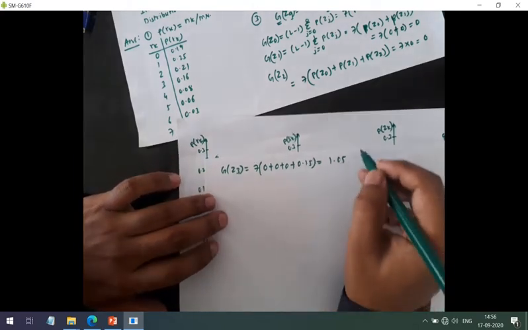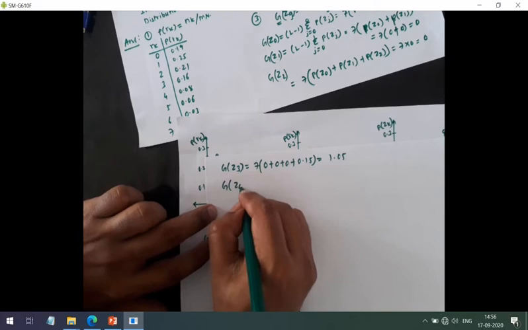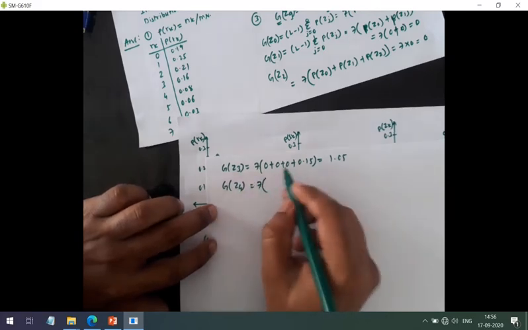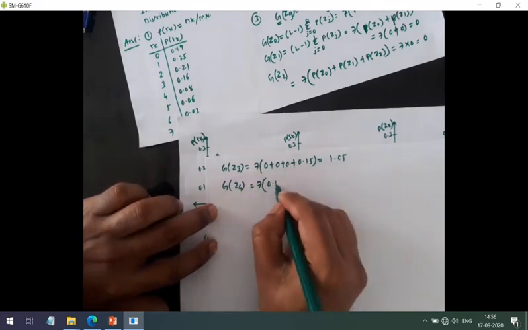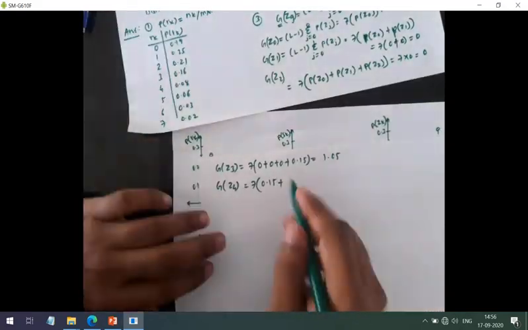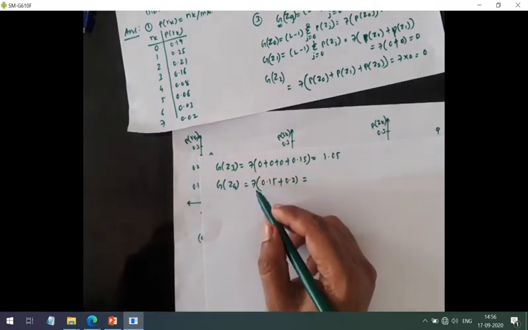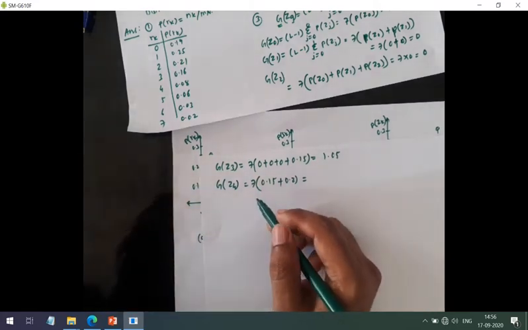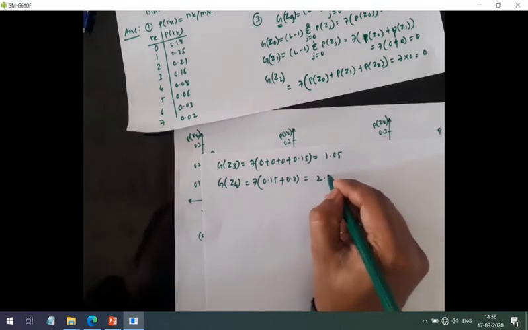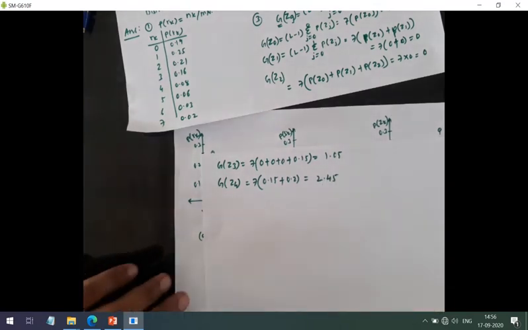Then g of z4 equals 7 into, ignoring zeros, 0.15 plus the next value 0.2, that is 0.35 multiplied by 7, which comes out to be 2.45.